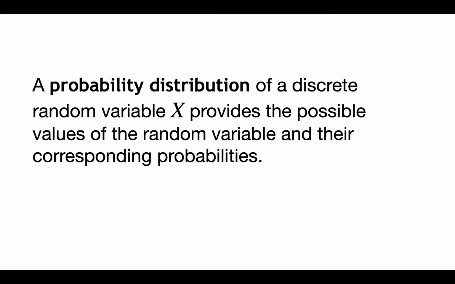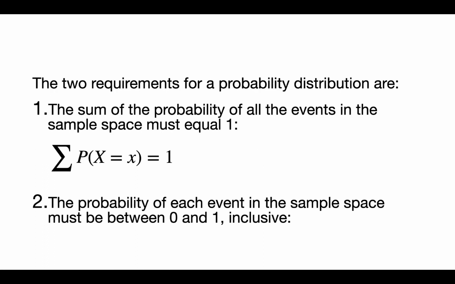So once we have the values that the random variable can take on, along with their associated probability, we know everything we need to know and can answer all questions about that particular probability distribution.